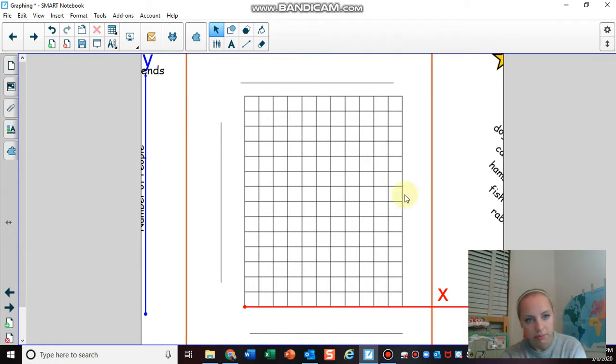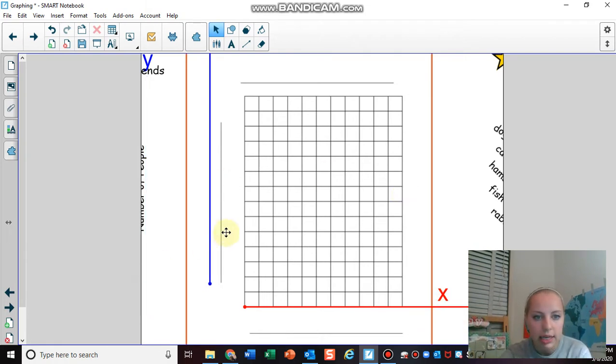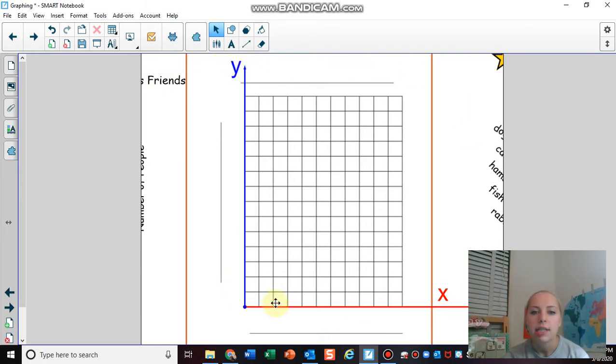The y-axis goes up and down, so where you see my blue line, that is the y-axis. I'll label it here. So x-axis side to side, y-axis up and down.